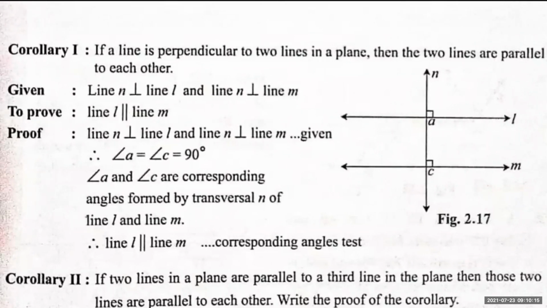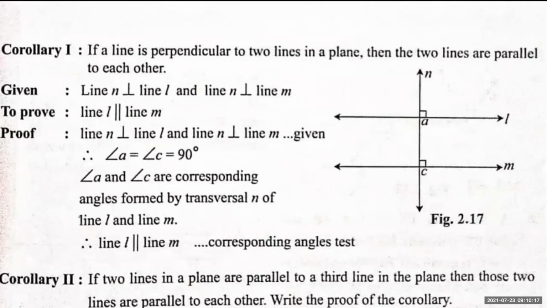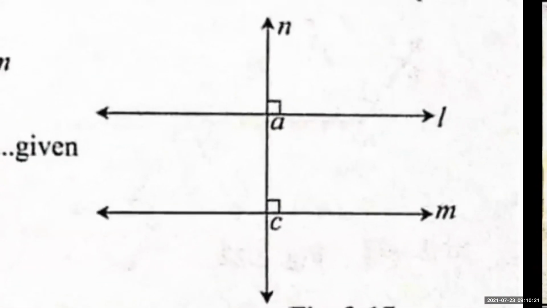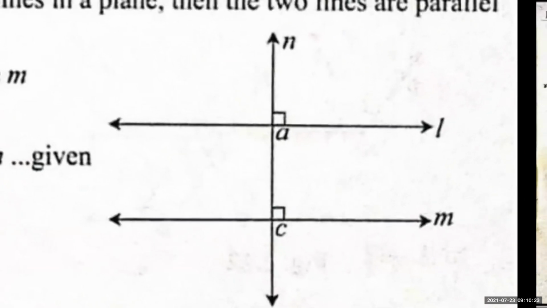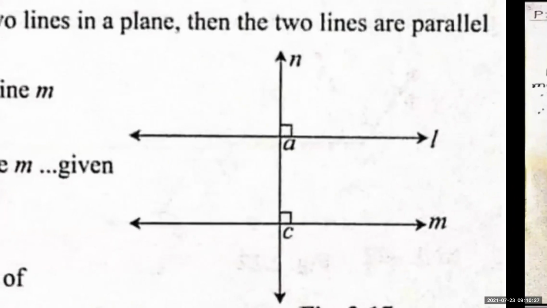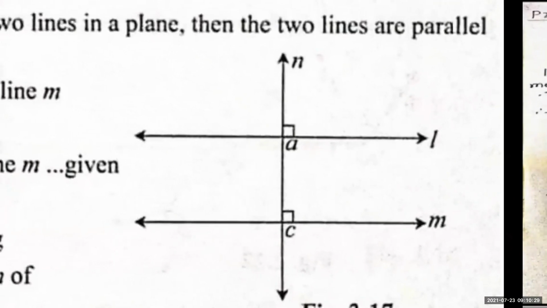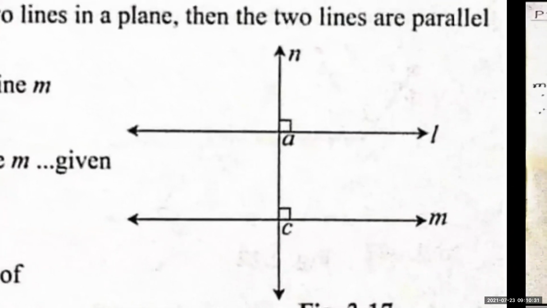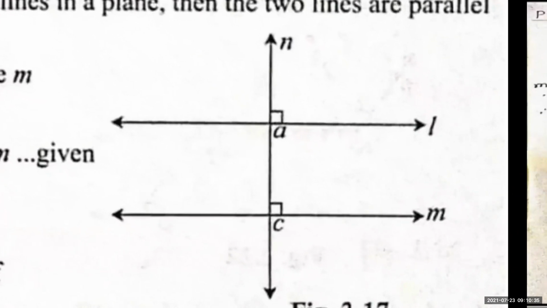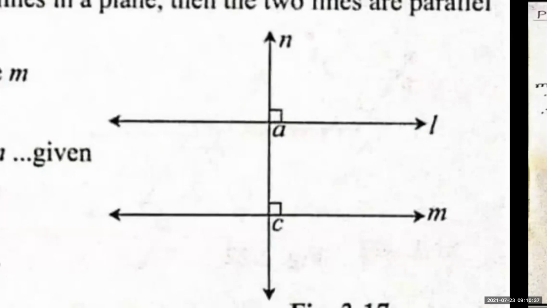Now, what is the statement? See the diagram carefully. It means any line that is perpendicular to the given two lines. Now, which line can you see here that is perpendicular? That is line N. You can also call it the transversal.